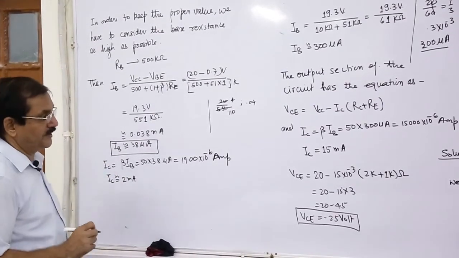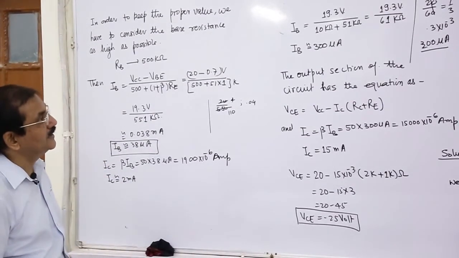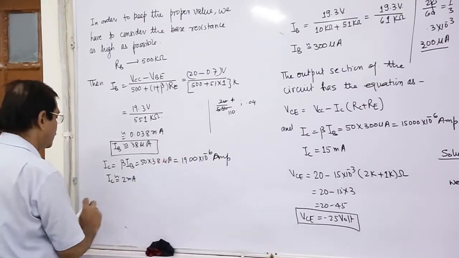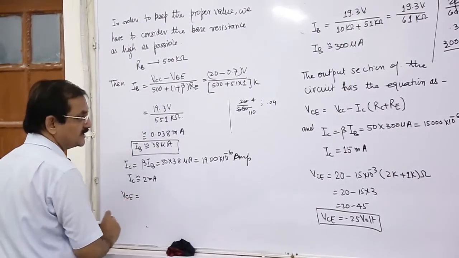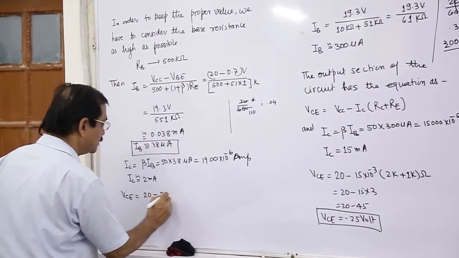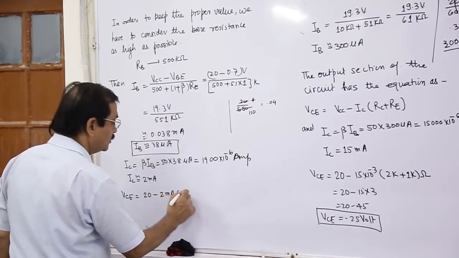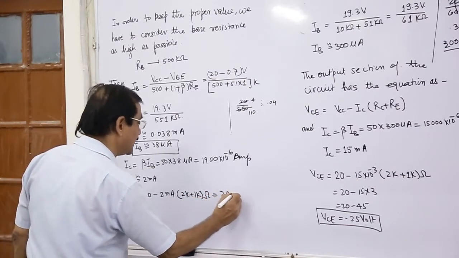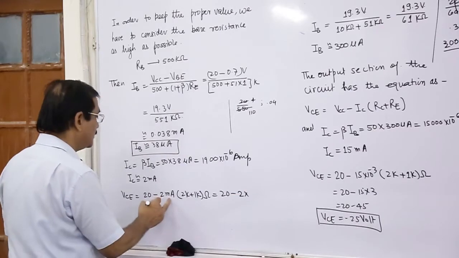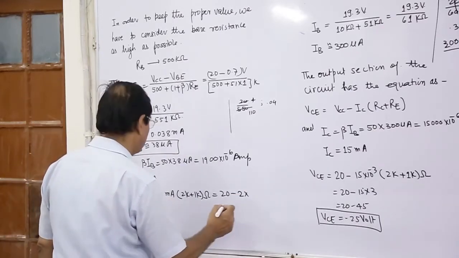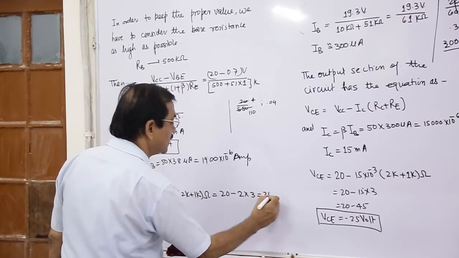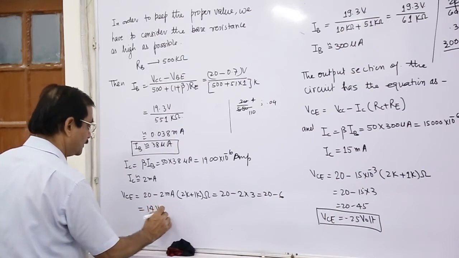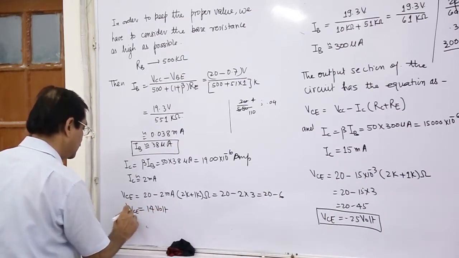IC is 2 milliampere. Now VCE is 20 minus 2 milliampere into 2 kilo plus 1 kilo ohm. So, this is 20 minus 2 into 3, that is 20 minus 6, 14 volt. VCE is 14 volt.